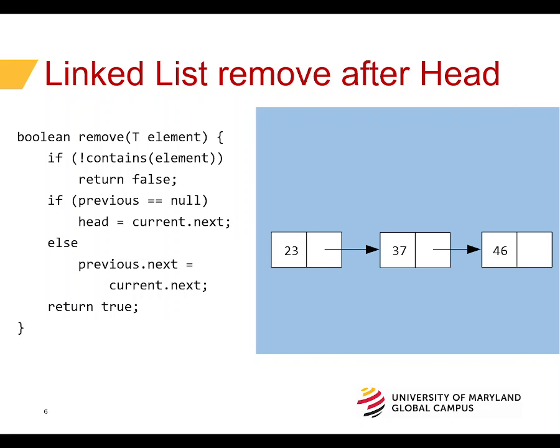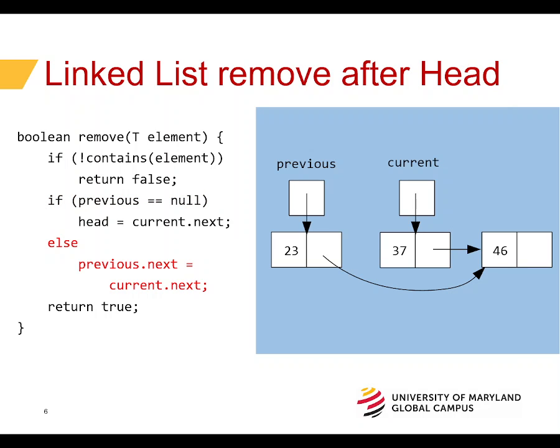The other case is when the remove method needs to remove any node other than the first. We assume 37 is the value we ask to remove, so when contains returns, previous points to the node containing 23, and current points to the one containing the 37, which means previous is not null, making this condition false.